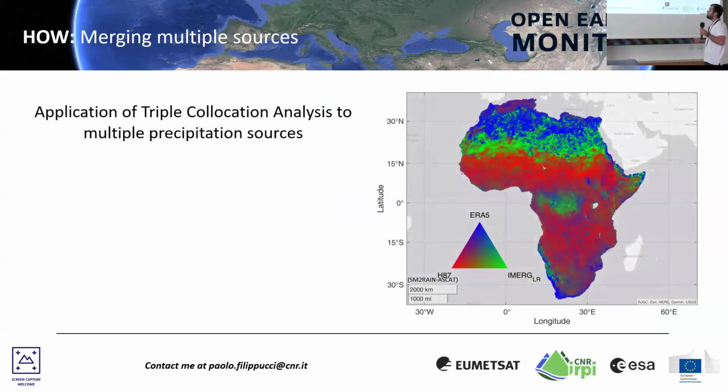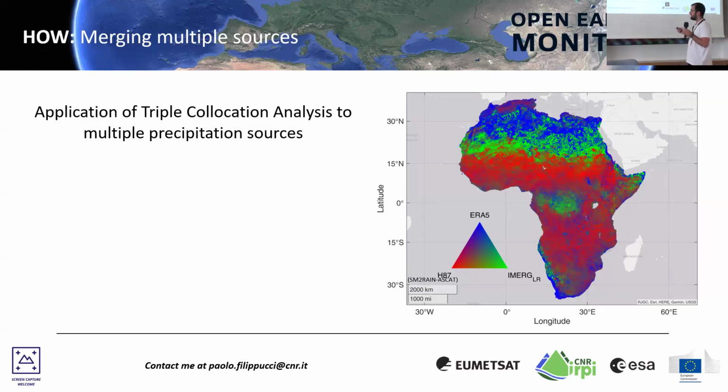So we can apply a triple collocation analysis to multiple precipitation products. It's basically a way to compare three products that are not biased with each other, not related to each other, against an unknown truth. And this analysis can say which is the nearest to the truth.